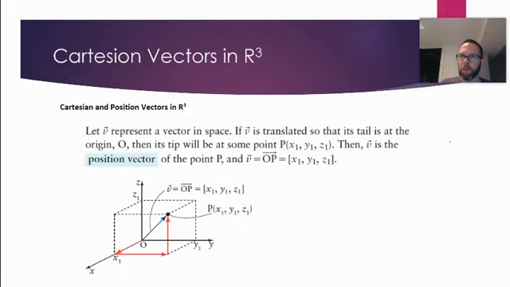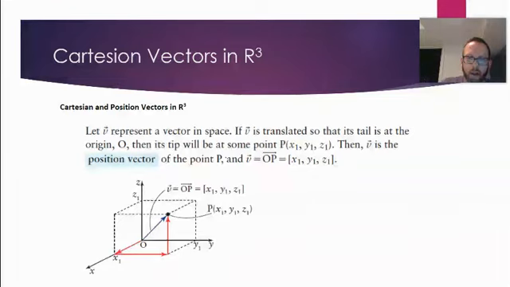Now we're going to talk about all the work we did with algebraic vectors in R2, and what that means in R3. Actually, a lot of the stuff stays the same. If V is a vector in 3-space, and you pick V up so that its tail is at the origin, you have a position vector. This is exactly the way we defined algebraic vectors and position vectors in R2.